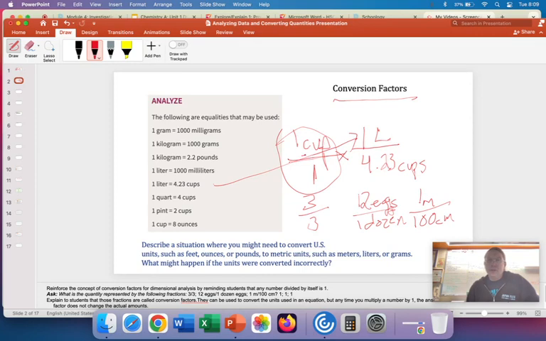So this numerator label cancels that denominator label, and we'll be left with 1 divided by 4.23, which would be equal to 1.